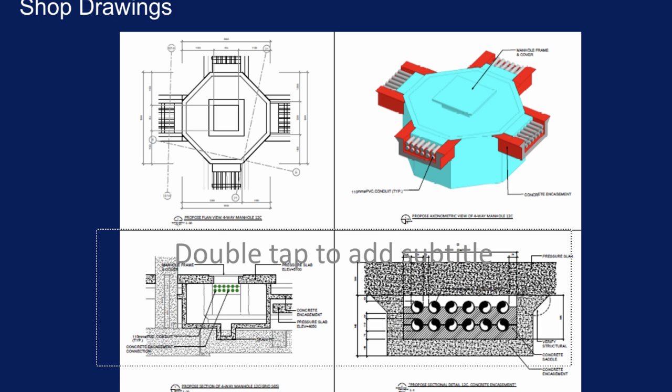Also, if we are working with one model, you can produce shop drawings accurately. Since we are sure that the sizes are correct, we can take a portion of the model and then detail it.